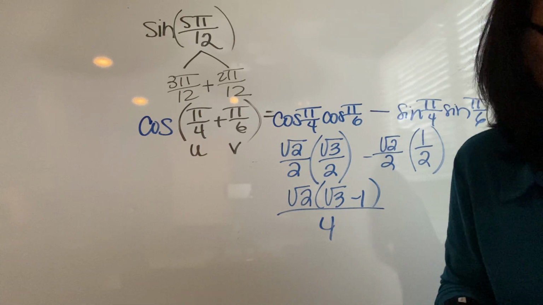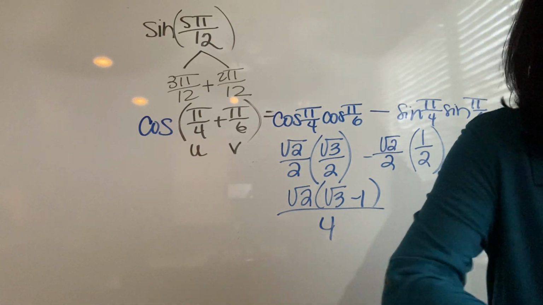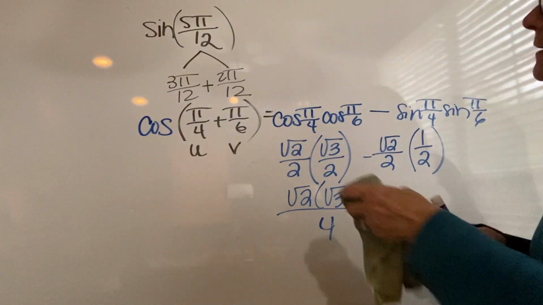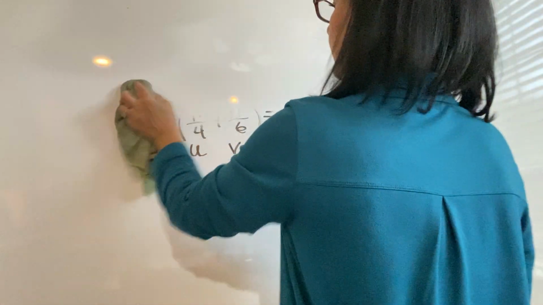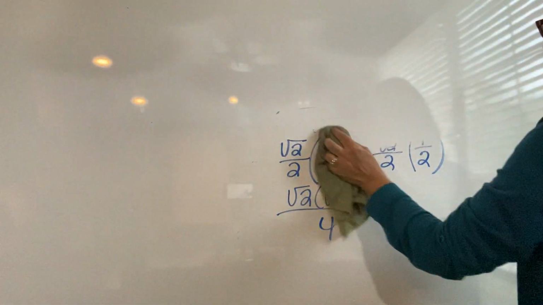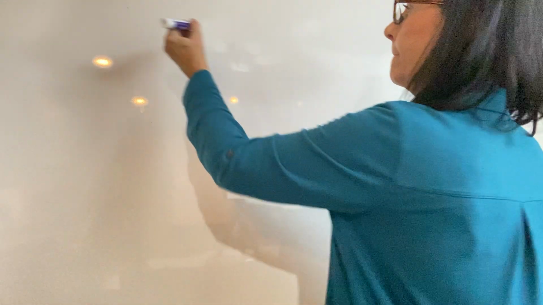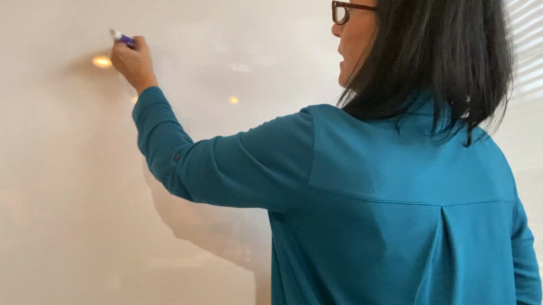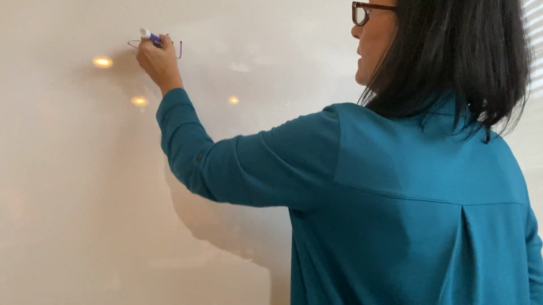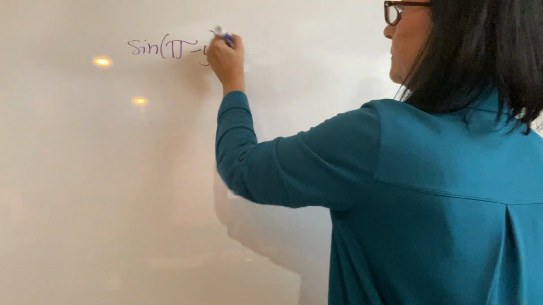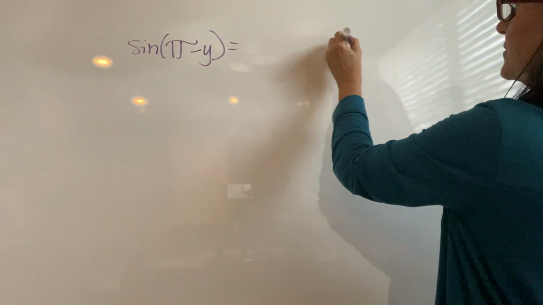All right, look at example 2. We'll do a minus for the sine. And they already give us the angles. It's pi minus y. So sine of pi minus y. So if it's minus for sine, it's minus.